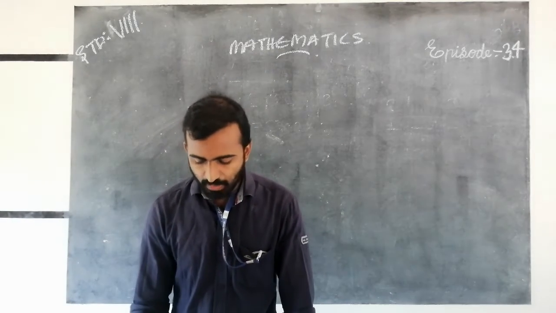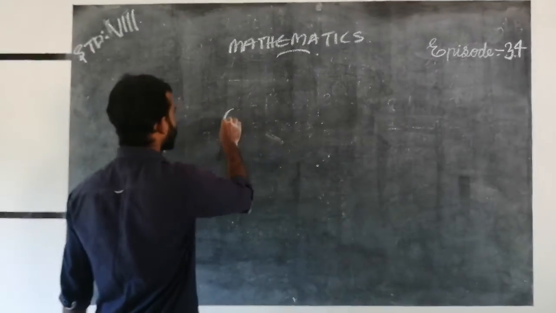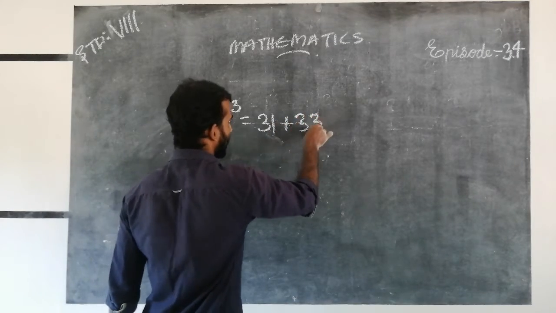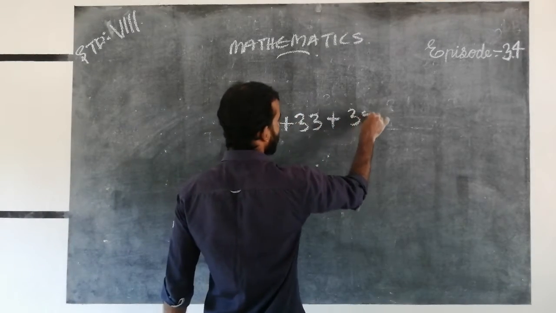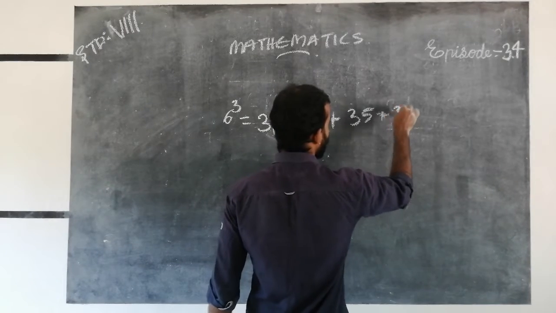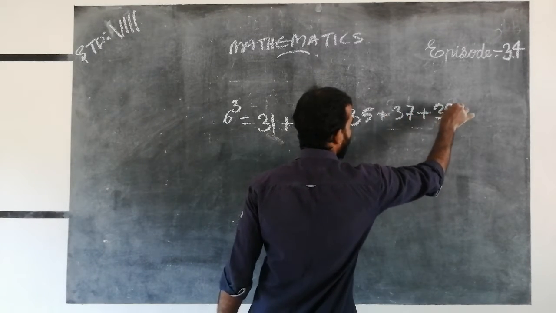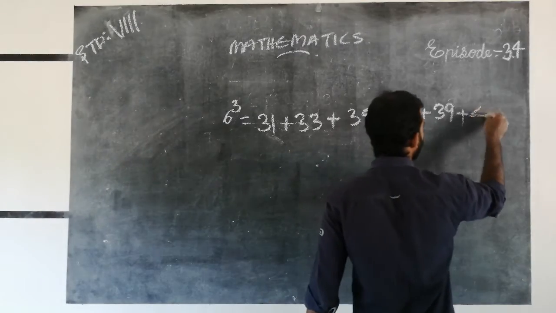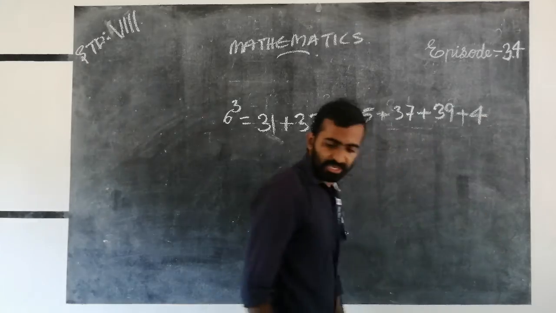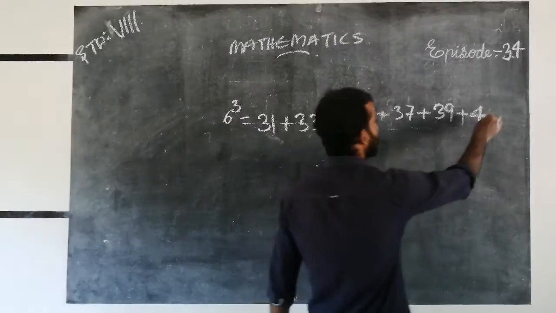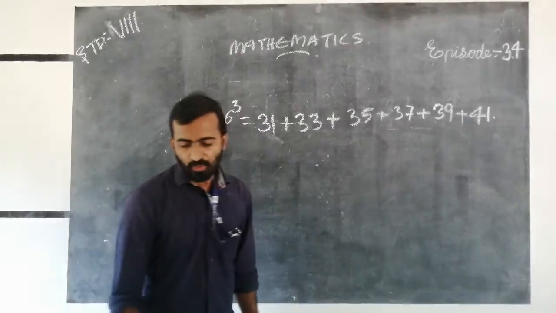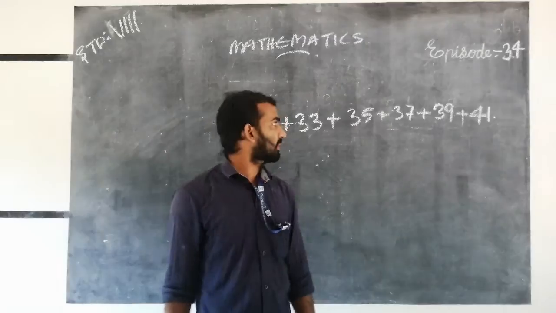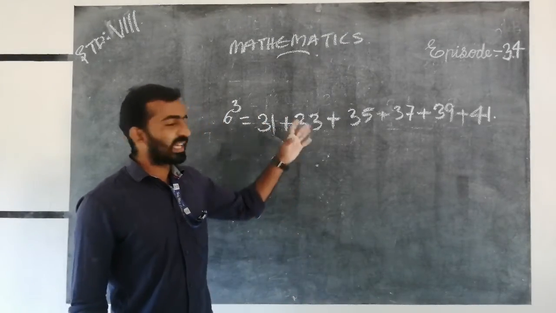We get 6 cube as 31 plus 33 plus 35 plus 37 plus 39 plus 41.